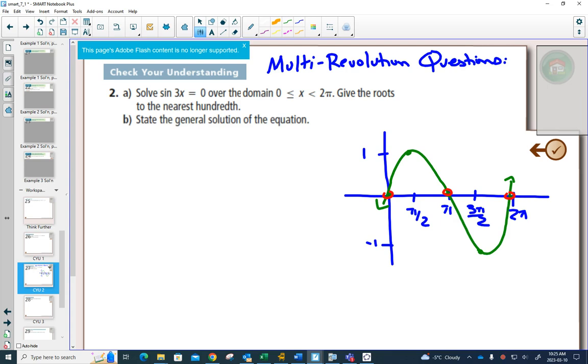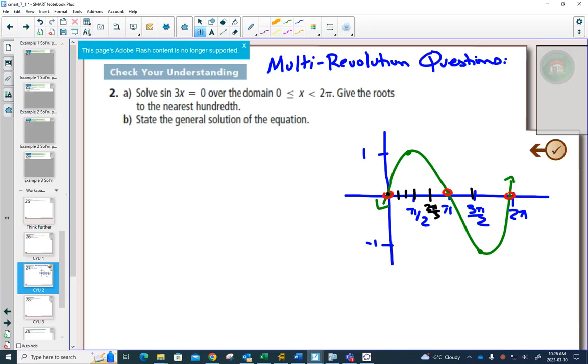Now what we have is a compression by 1/3. If I was going to graph sine of 3x, then my graph would get compressed. This is hard to do on the same one, but I would compress this by thirds. So right here would be 2 pi over 3, and it would be divided into 4 equal sections. And you would have another 2 pi over 3.